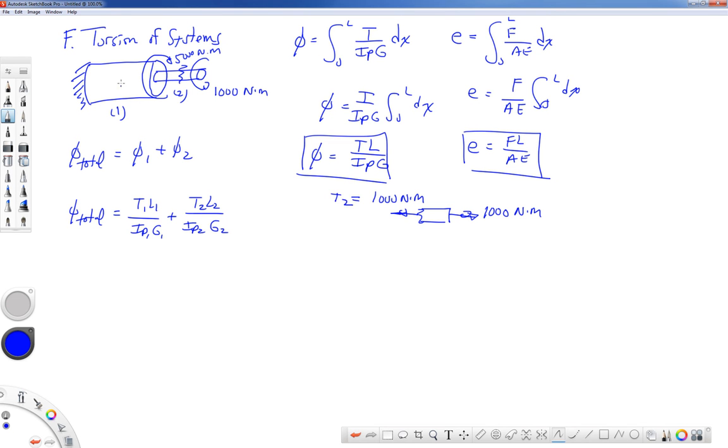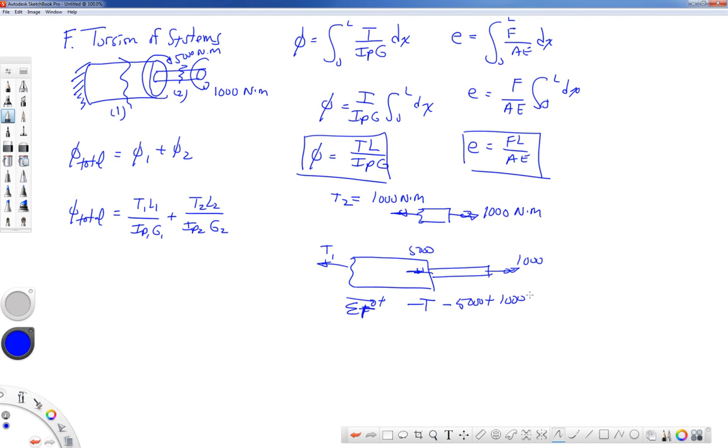If I make a cut inside section number 1, drawing this flat, here's my 1,000 Newton meter applied load. Here's my 5,000 Newton meters. Now this goes in the opposite direction. Here's my torque T1. If I do the summation of torques down the x-axis, I have minus T1 minus 5,000 plus 1,000 is equal to 0.